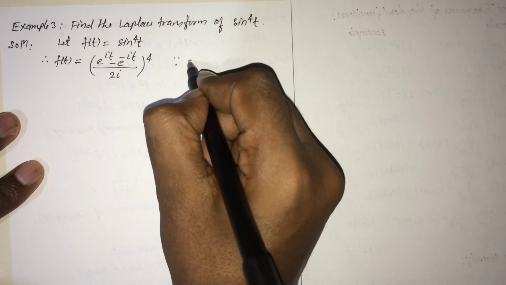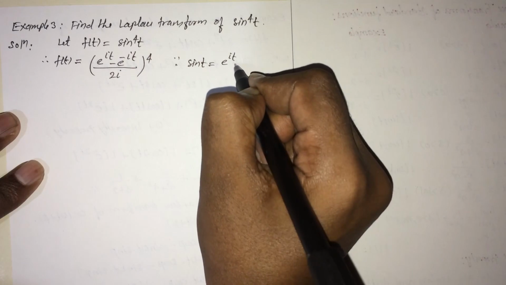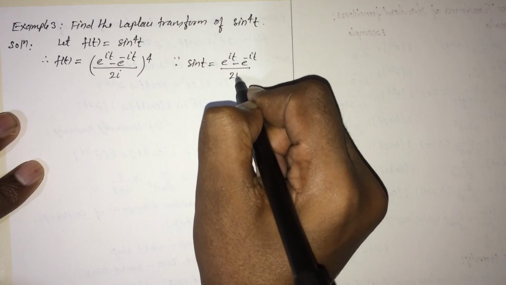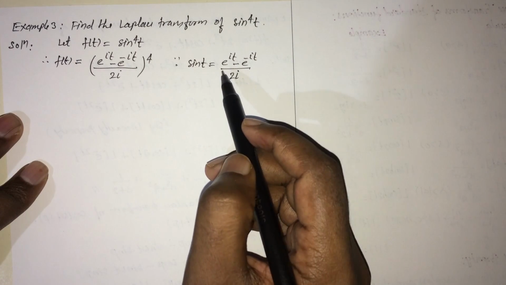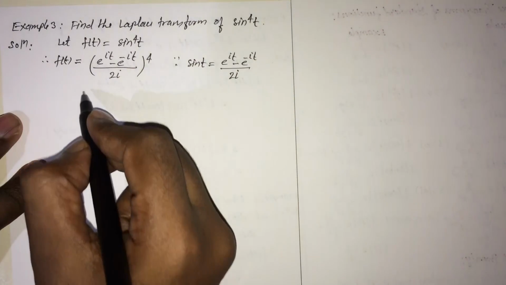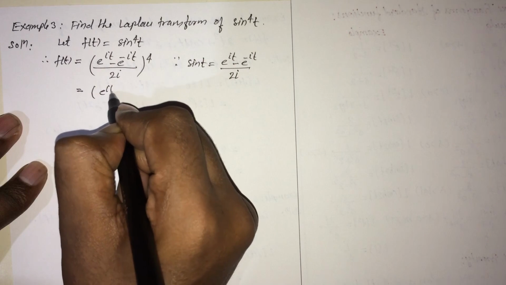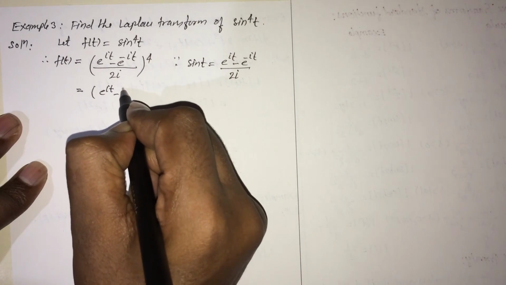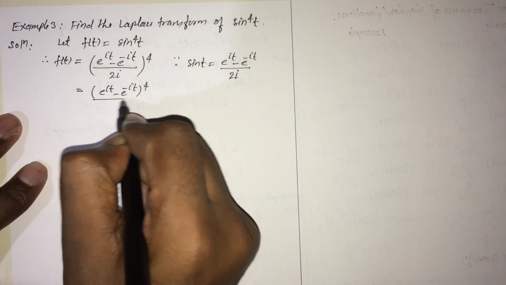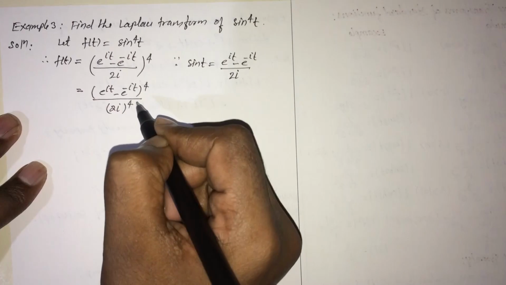Right, since sin t equals e raised to it minus e raised to minus it by 2i, as we knew this formula from first year engineering. So this can be written as e raised to it minus e raised to minus it, raised to 4, by 2i the whole raised to 4.